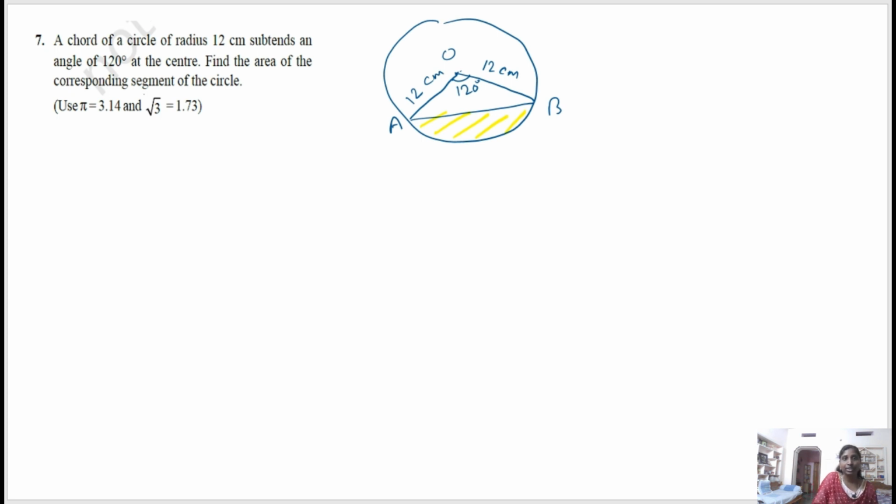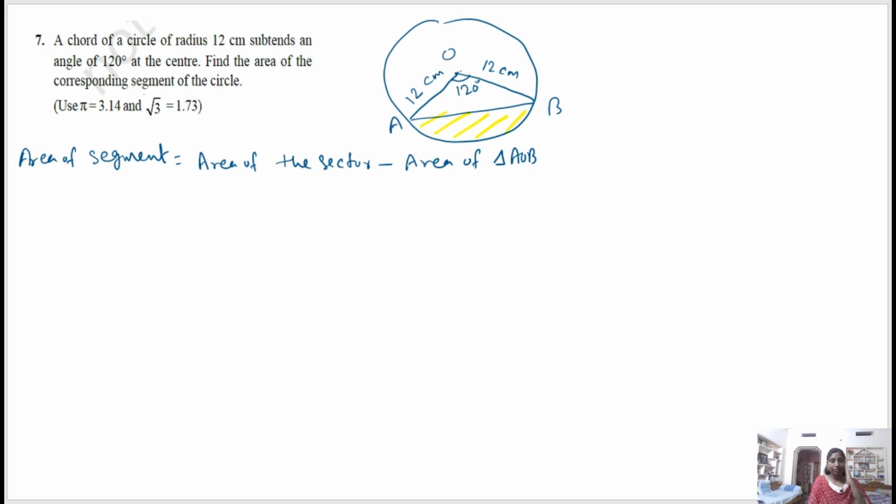Okay, so here what is the formula for this? Area of the corresponding segment. Area of segment is area of the sector minus area of triangle AOB.